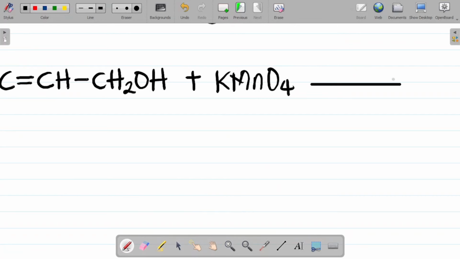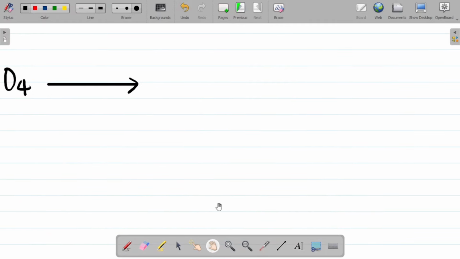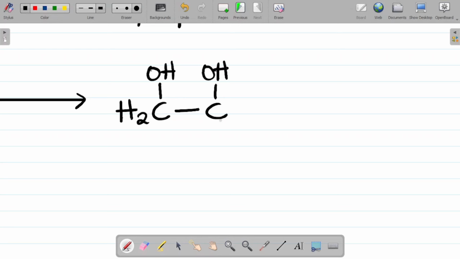be, for the first one, when I combine this, this is what the product would look like. My product would look like this: H2C, upwards I'll have OH, single bonded to C, upwards I'll have OH, then I'll have H here.